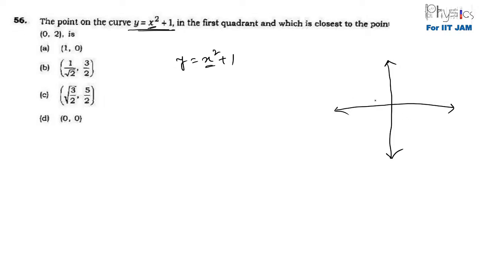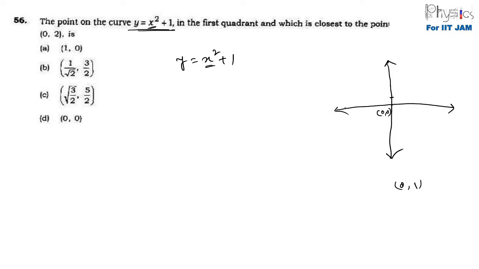That means the first point is (0, 1). This is (0, 0), and this is (0, 1), so this is the first point of the curve.